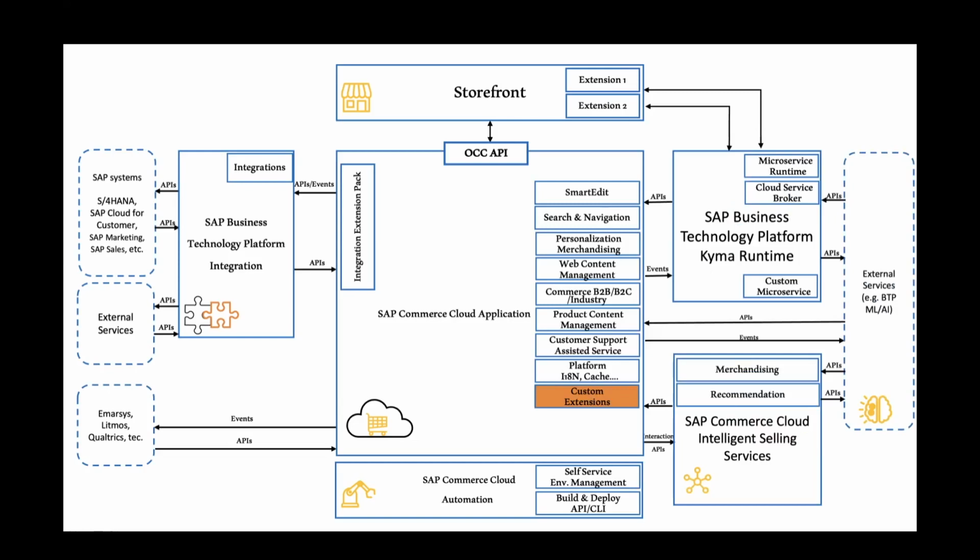I know these are multiple things that I have told in a single video. I will try to create other videos which will tell you about the different features available in SAP Commerce Cloud, first how we are going to use the out-of-the-box features.